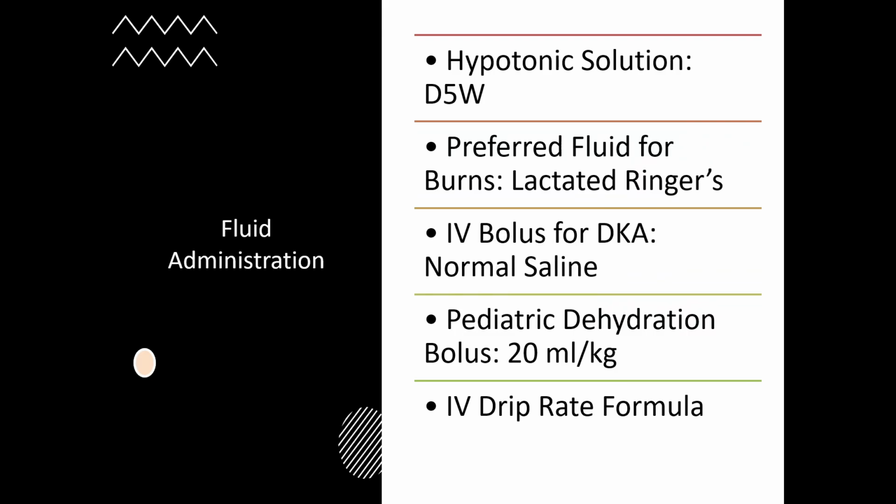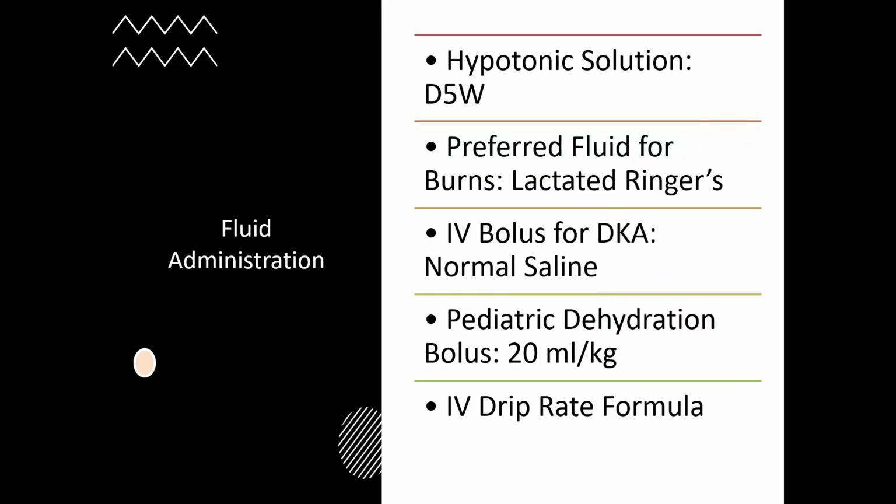Pediatric dehydration, and this works for adults too. If you have someone who is hypovolemic and requires a fluid bolus, your dose for a fluid bolus will be 20 milliliters per kilogram. So you take the body's weight in pounds, say 180, and if you want the exact, you can divide that by 2.2.